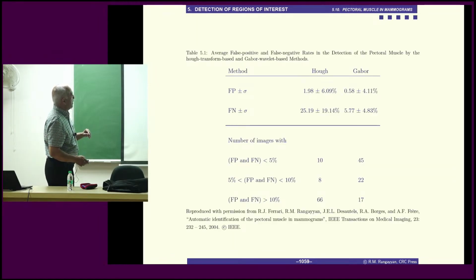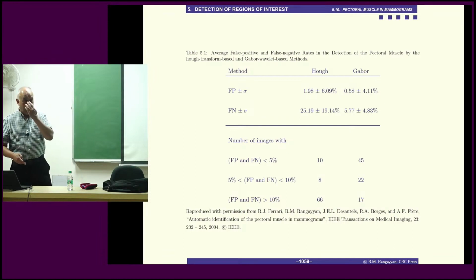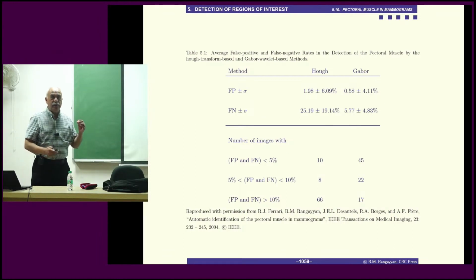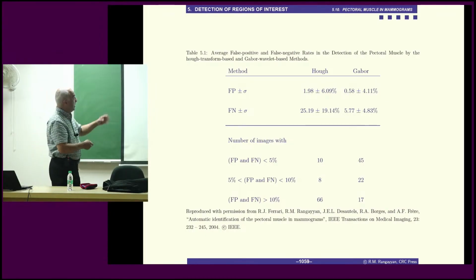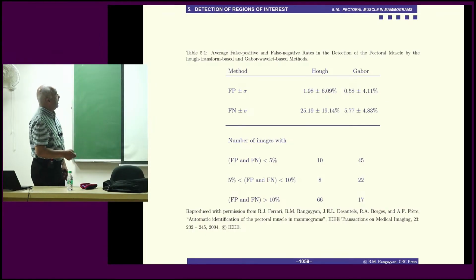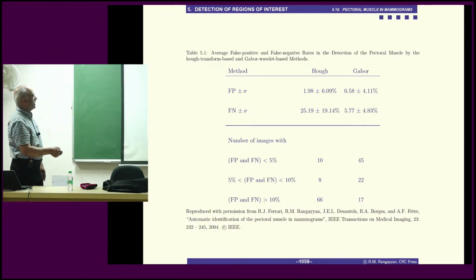The false positive and false negative pixel counts were computed for all of the images in the test data set in relation to the pectoral muscle boundary drawn by a radiologist. And the results were evaluated visually by the radiologist and also in terms of these. And the images were ranked in terms of false positive and false negative both being less than 5%, or 5 to 10%, or more.